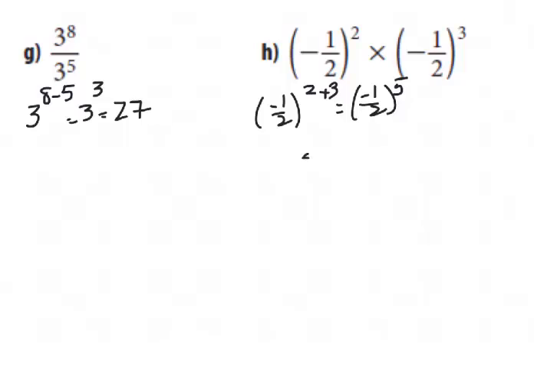I get negative 1 exponent 5 divided by 2 exponent 5. A negative number with an odd exponent always gives you a negative, and since the base is 1, you get negative 1 over 2 exponent 5, which is 32.